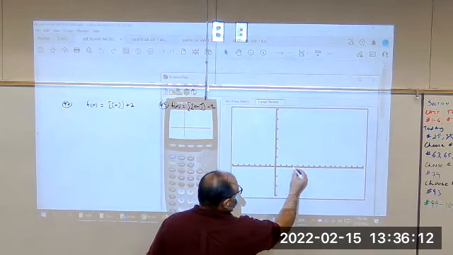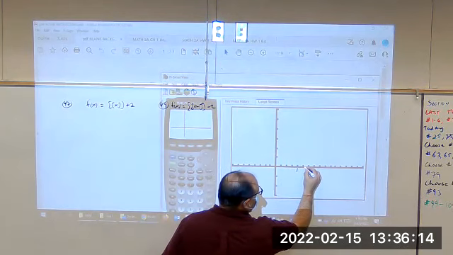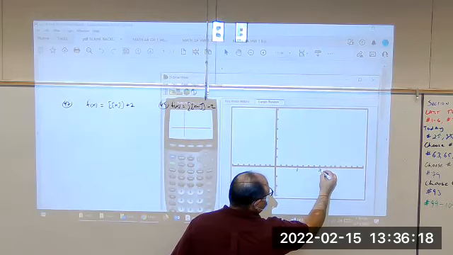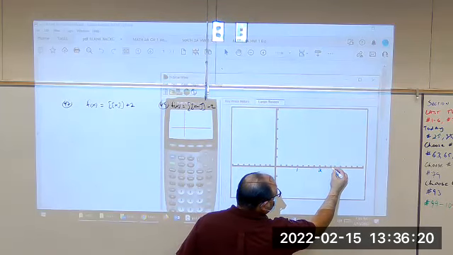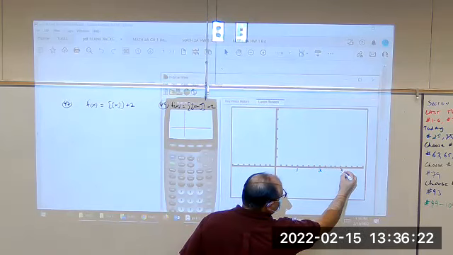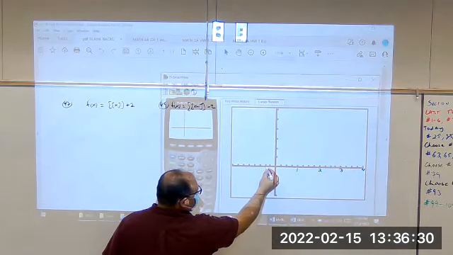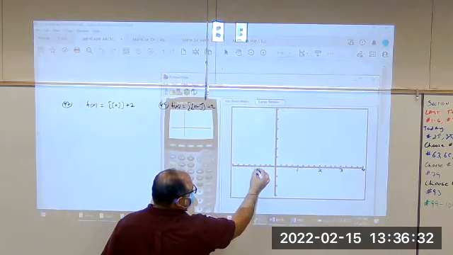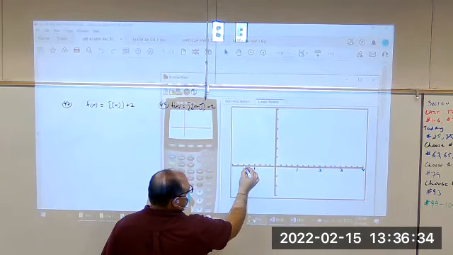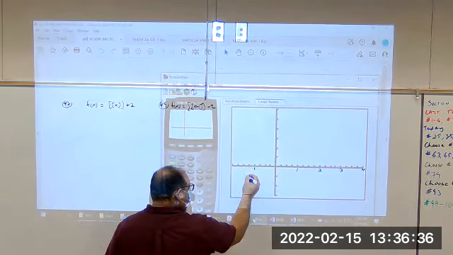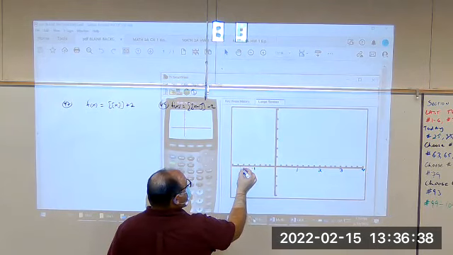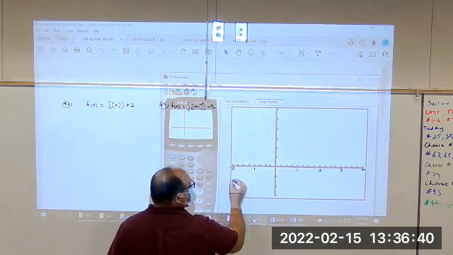So 1/4, 1/2, 3/4, 1, 1 1/4, 1 1/2, 1 3/4, 2, 2 1/4, 2 1/2, 2 3/4, 3, 3 1/4, 3 1/2, 3 3/4, 4. Negative 1/4, negative 1/2, negative 3/4, negative 1, negative 1 1/4, negative 1 1/2, negative 1 3/4, negative 2.